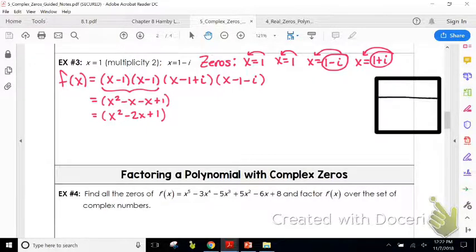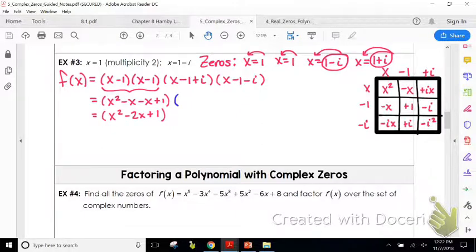And then I'm going to do my Punnett square for my other one because it's 3 terms times 3 terms. x minus 1 plus i. x minus 1 minus i. Alright, so let's go through and do that real quick. Okay, and so once you get that, you've got your x squared. Negative x minus x is minus 2x.